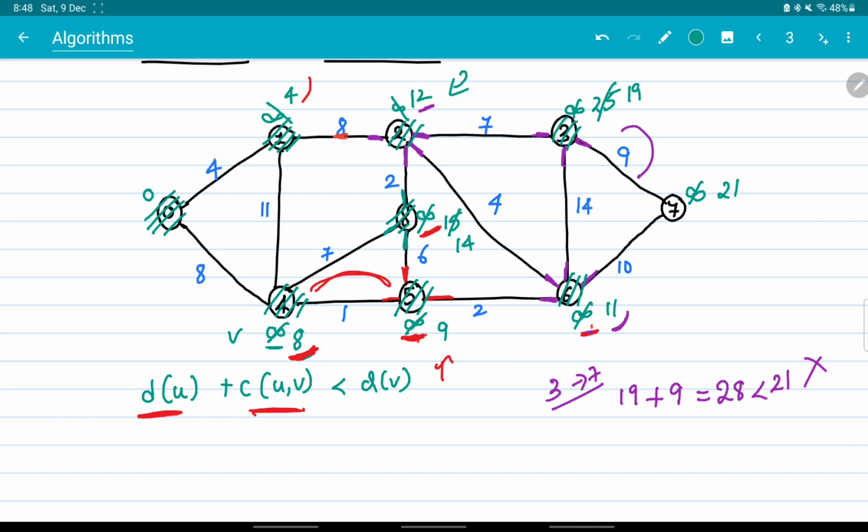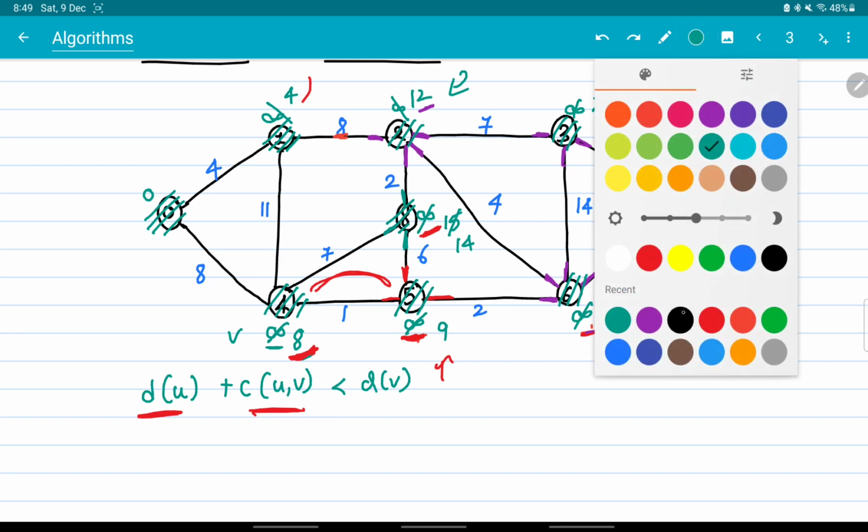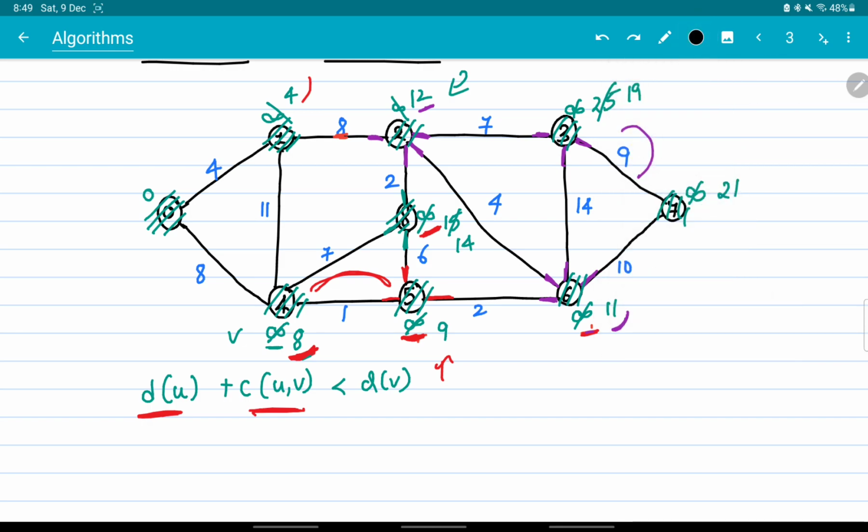So there's nothing to go from 7 because 7 has got 3 and 6 attached to it, but they are also visited. So now 7 also becomes a visited node. So we have gone everywhere and we have visited all these nodes over here. Okay, so now what is our final distance or the shortest path?